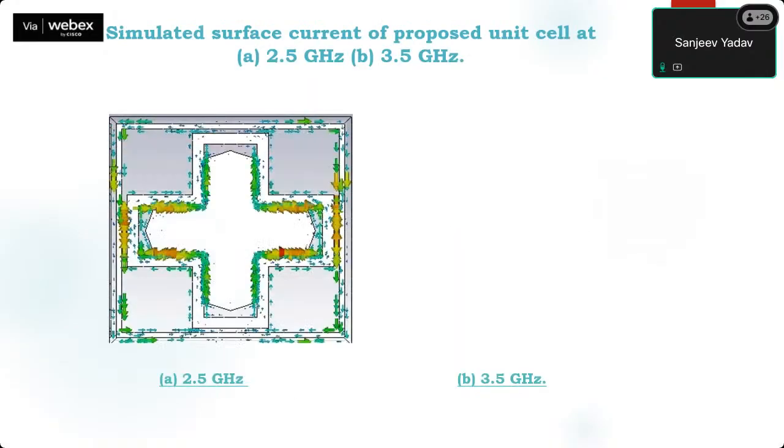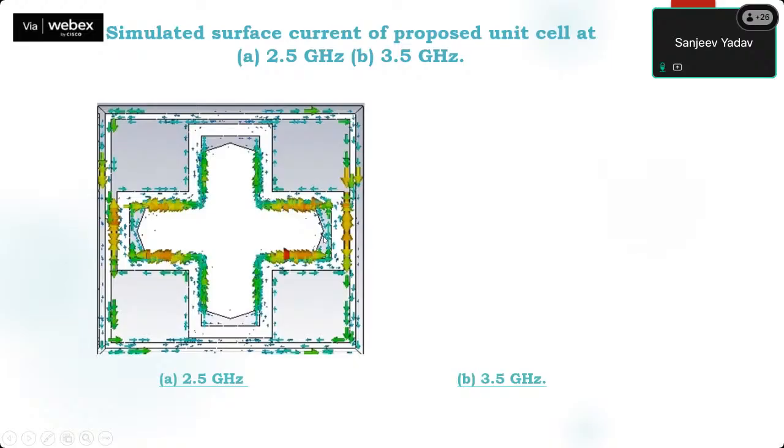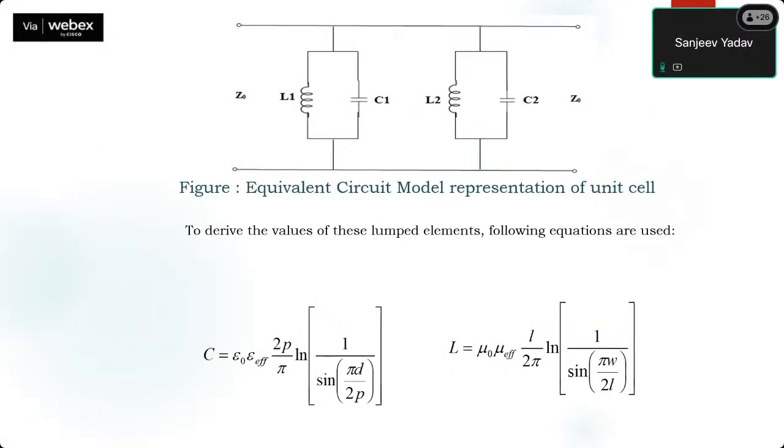Here you can see the surface current for 2.5 gigahertz, where we are getting the 2.5 gigahertz from, and for the 3.5 we can see that from the internal part we are getting the 3.5 gigahertz frequency band. Now these are the band pass. So band pass structures have this type of equivalent circuit.